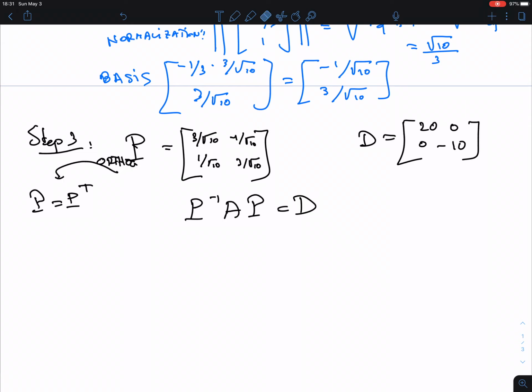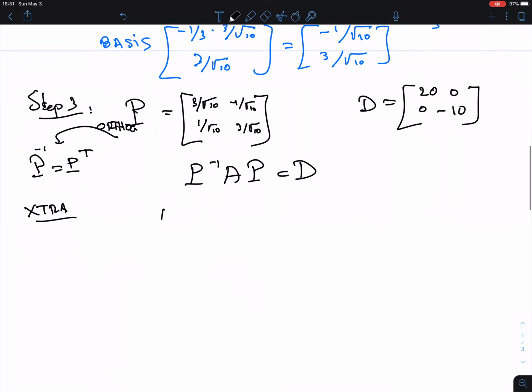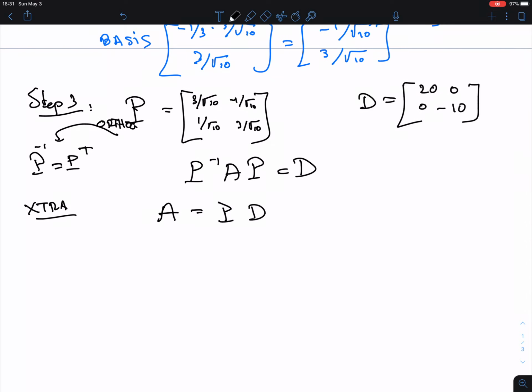Sorry, I'm being sloppy here, minus 1. Now I'm writing it this way because, remember, for the extra credit problem, I have to write this the other way. I have to bring the P and the P inverse to the other side, so I get P D P inverse. Now in our case, inverse is transpose, so it is P D P transpose. Okay, just wanted to show you that that's how things go.